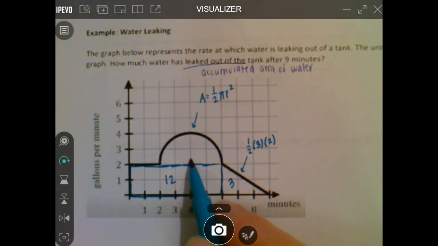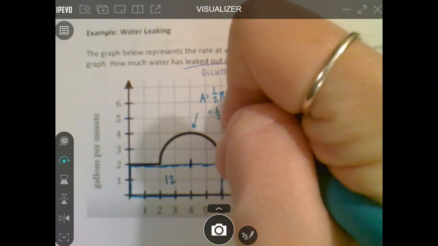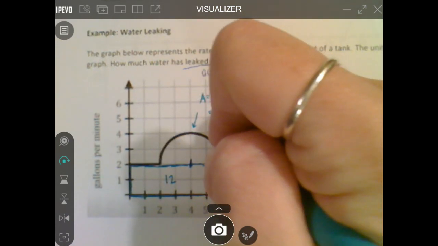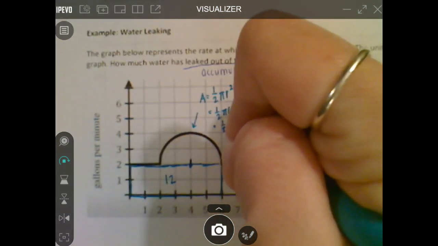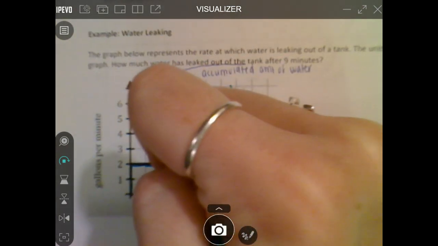And if I cut this into 2 equal pieces on the bottom, it looks like my radius is going to be 2 here. So 1/2 pi times 2 squared is going to give me 1/2 pi times 4, which is going to give me 2 pi.